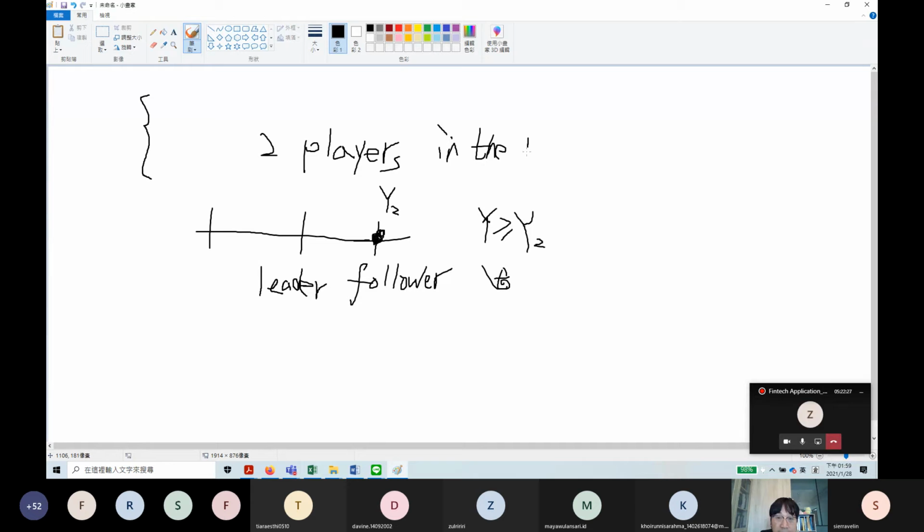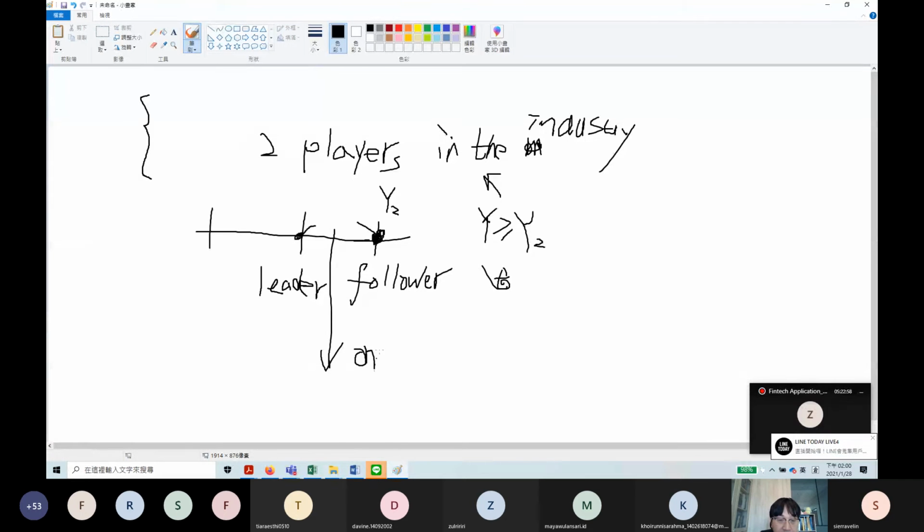This period has just only the leader, only one.